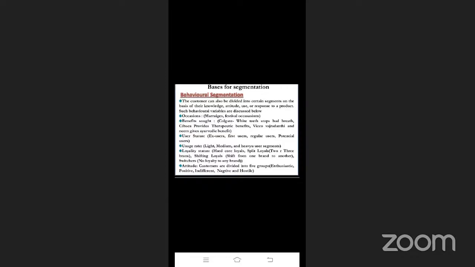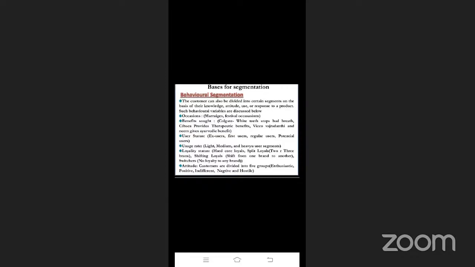Then shifting loyals, consumers who shift from one brand to another. And switchers, consumers who show no loyalty to any brand. Whatever they like, they take. Shift from one brand to another, no loyalty to any brand.